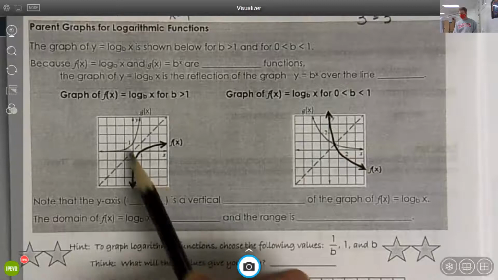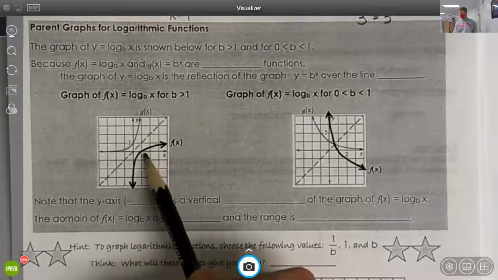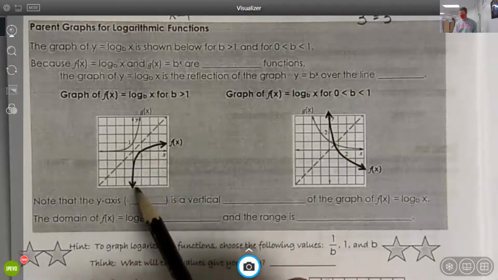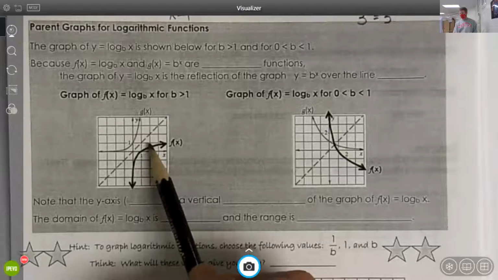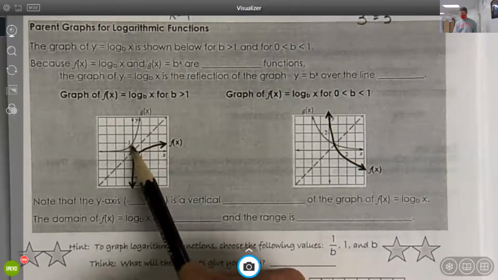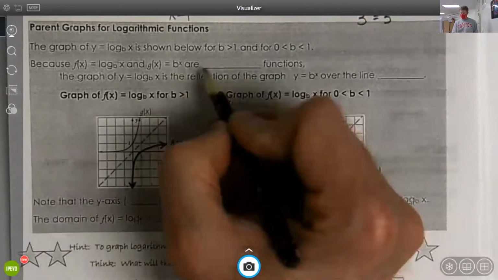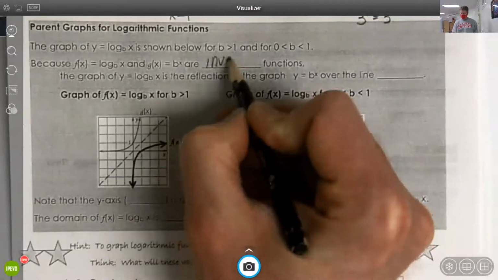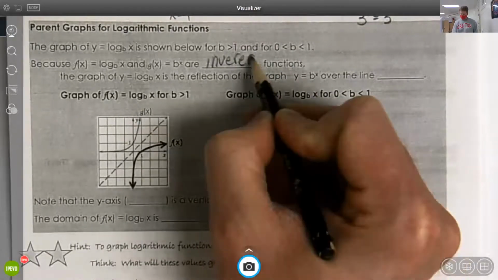Its inverse is exponential. We got 2 graphs here. We got one of the logarithmic, and we've got one of its reflection over y equals x. These 2 graphs are considered inverses, inverse functions.